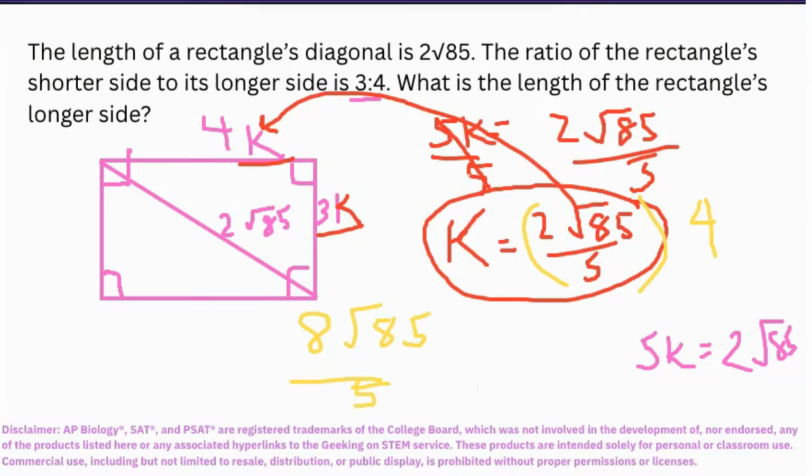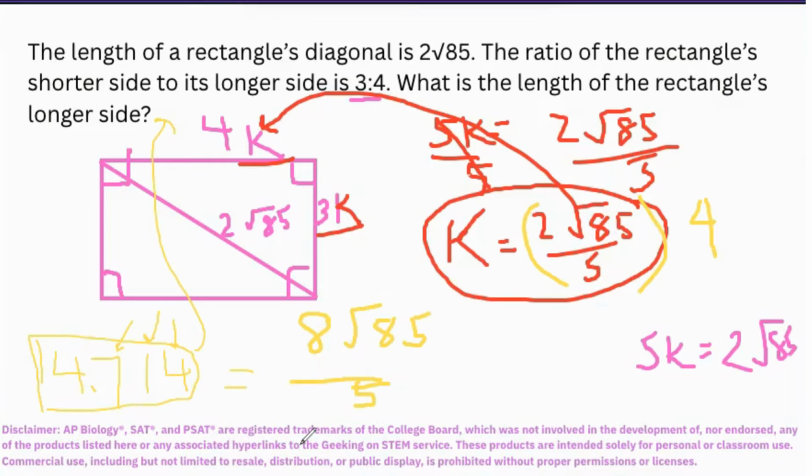I also want to note that if you were to convert this into decimal, you would get something like 14.714. In this problem, it doesn't say to round, but if they did say round to the tenth, it would be 14.7. You would round appropriately. But this would be the decimal form if you were to convert it.